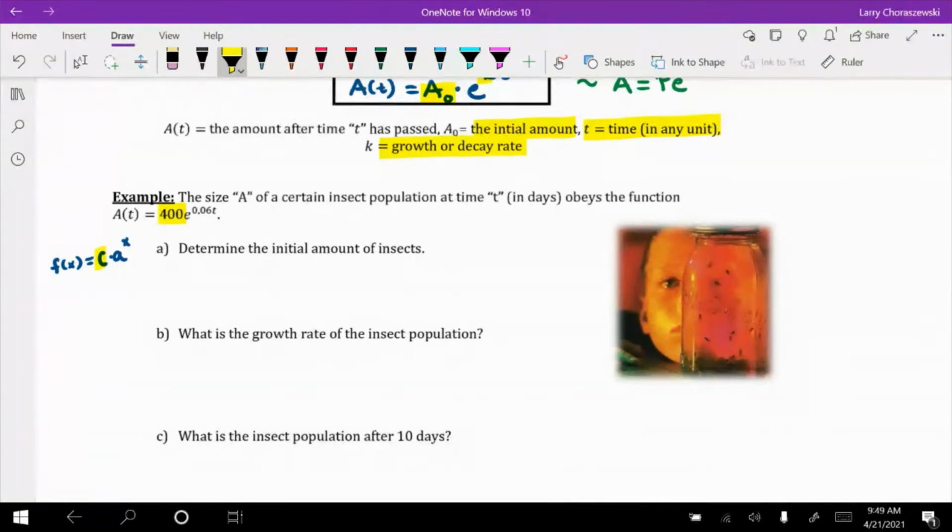And I mentioned that c stood for the initial value, and that doesn't change with the law of uninhibited growth. Whatever number is in front of e, that's going to be your initial amount. So the initial amount of insects is going to be 400.